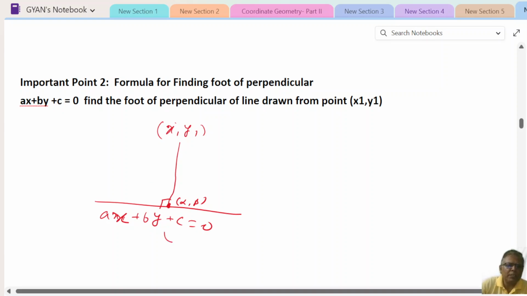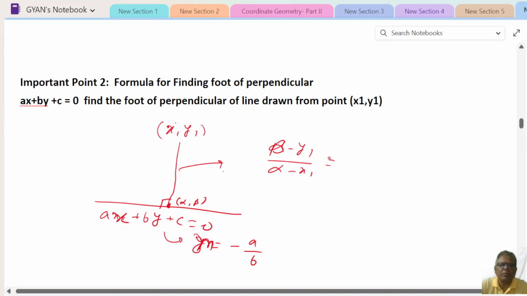The slope of the line is m is equal to minus a by b, and the slope of the perpendicular is (beta minus y1) divided by (alpha minus x1).